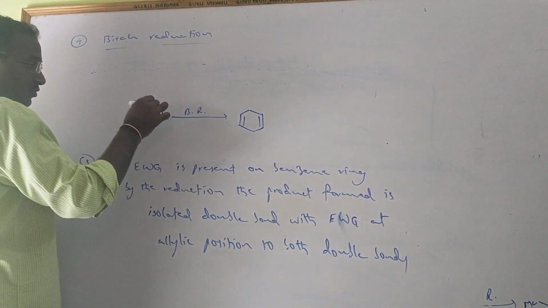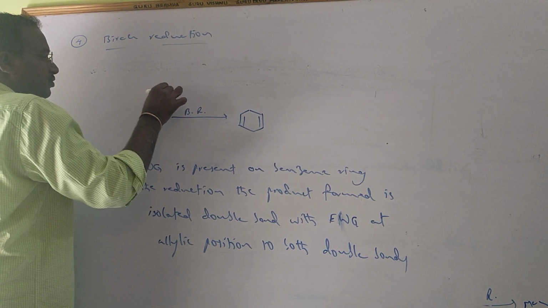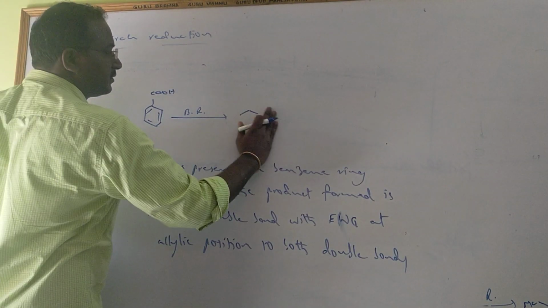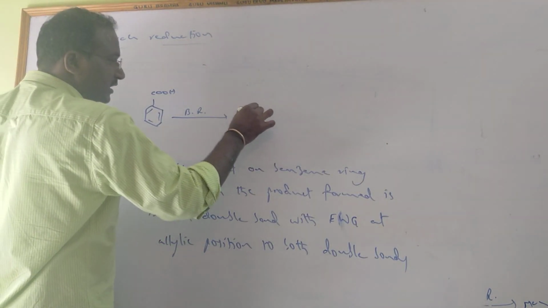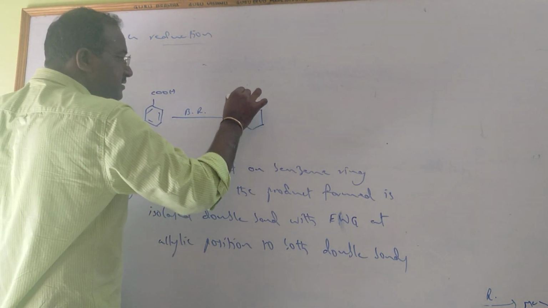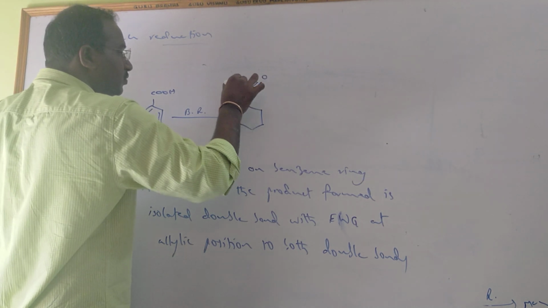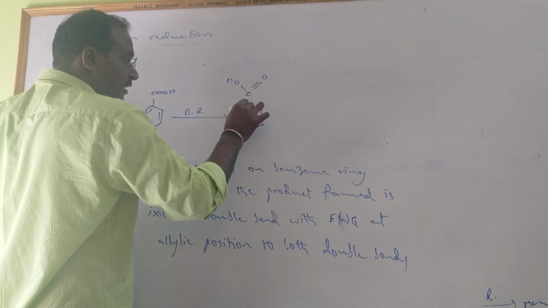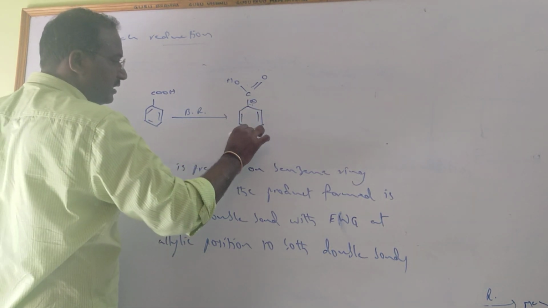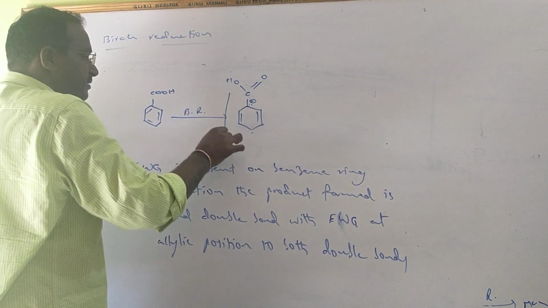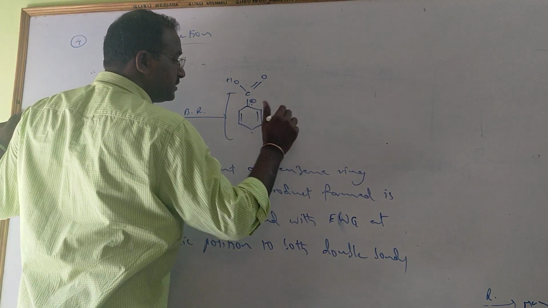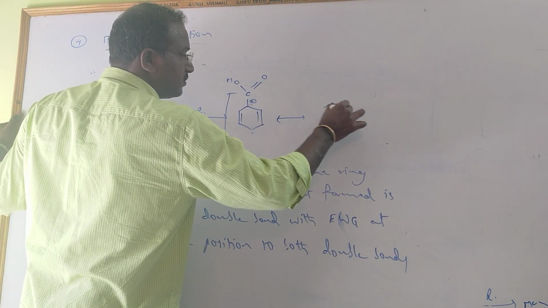Please see. Suppose a COOH group is there, the best electron withdrawing group. By the Birch reduction, first it forms an anion radical. Anion radical means like this it forms double bond O, OH, and 2 electrons will be there here. By that it is charged, double bond, and here the radical takes place. Like this it forms a stable intermediate. This stable intermediate undergoes rearrangement like this. How does it undergo rearrangement?